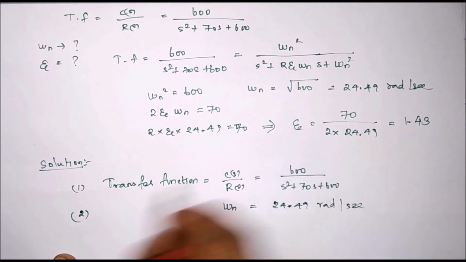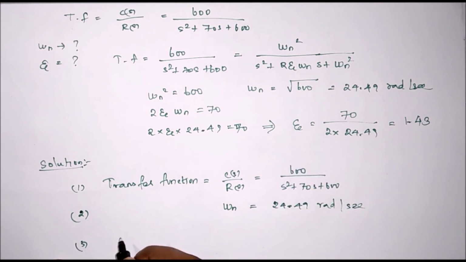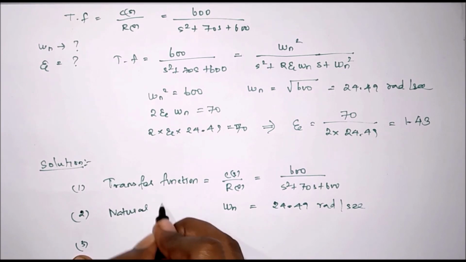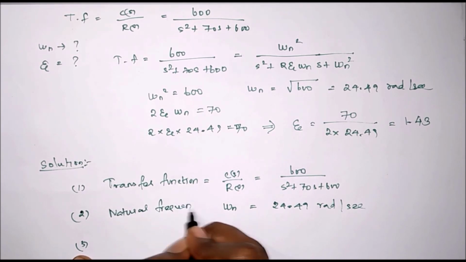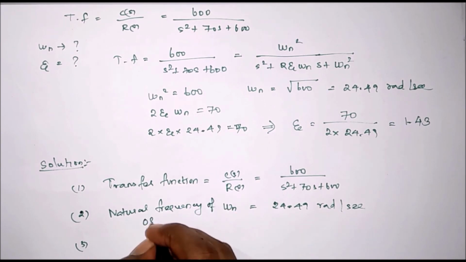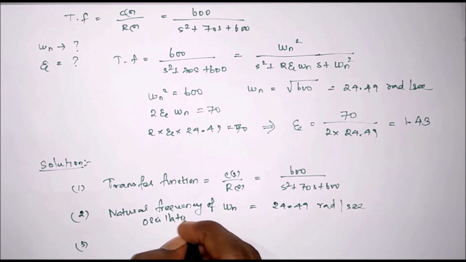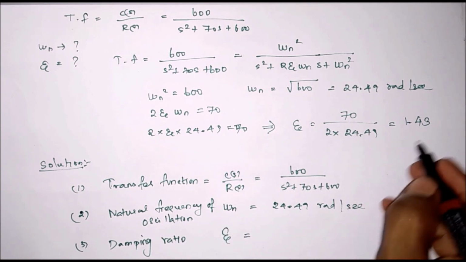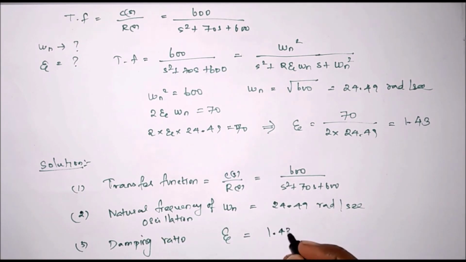Next, damping ratio eta equal to 1.43. So that's all about the required 3 things.